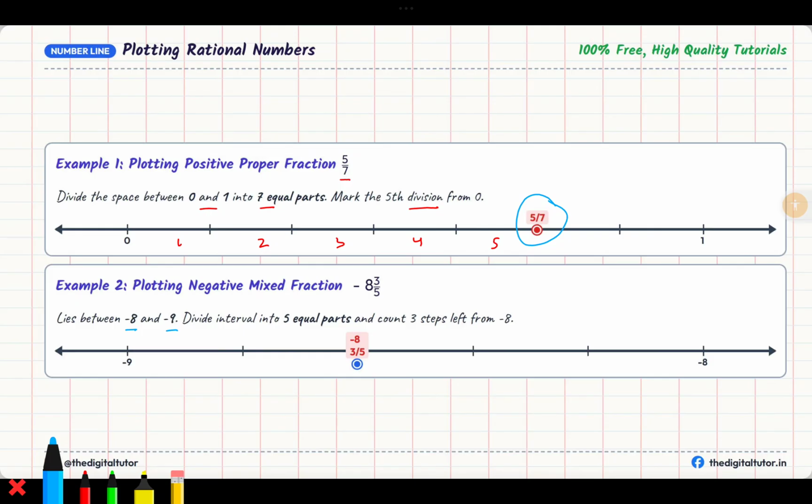We'll divide the space between minus 8 and minus 9 into 5 equal parts, because the denominator is 5, and from those 5 parts we will count 3 steps left from minus 8: 1, 2 and 3. So here is our number minus 8 3 by 5.